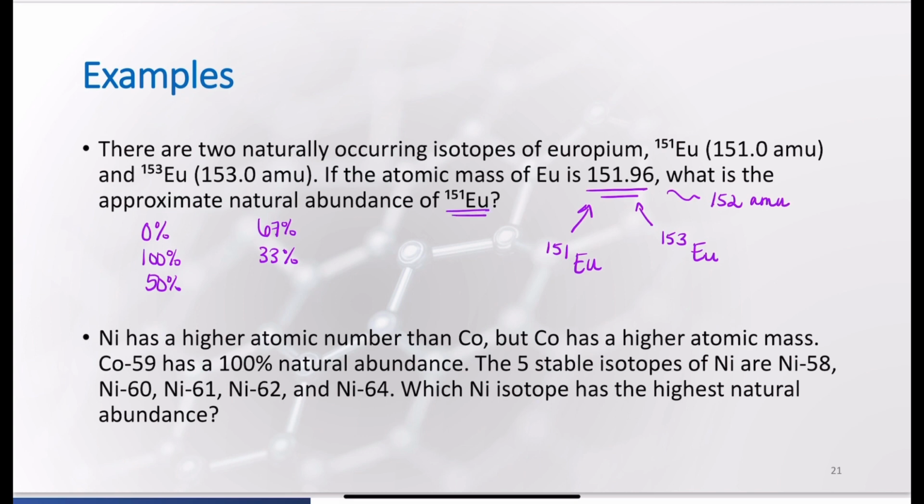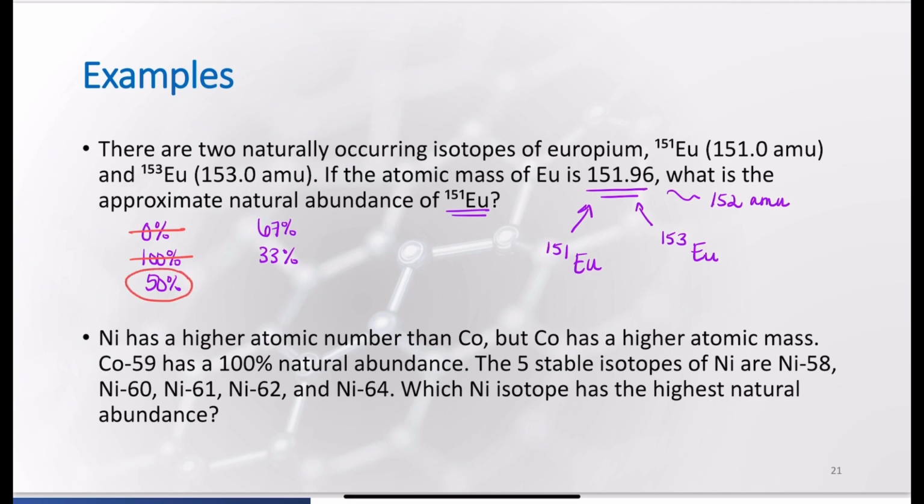I want to know how much 151 is contributing. It's definitely not 0%, because if it was, the mass would be 153, contributed only by the 153. It's not 100% either, because then the mass of europium would be 151, not close to 152.